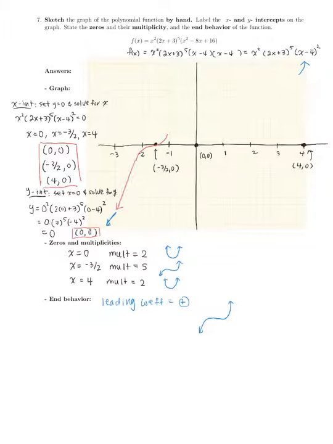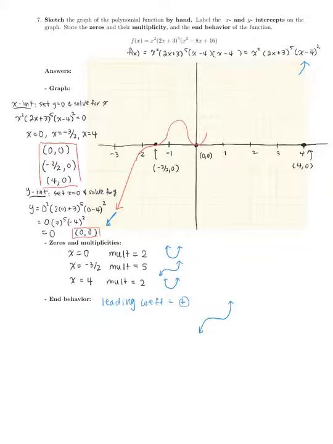All right, now let's go with x equals 0. We have a multiplicity of 2, and that's also the x-intercept and the y-intercept. So the graph is going to do something like that over here. My guess is this is going to connect like this somehow. And then let's go with x equals 4, where the multiplicity is again 2.